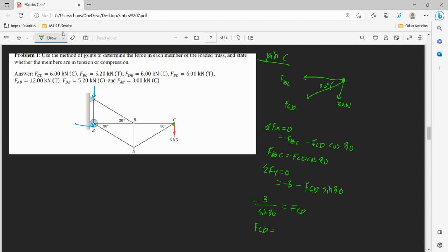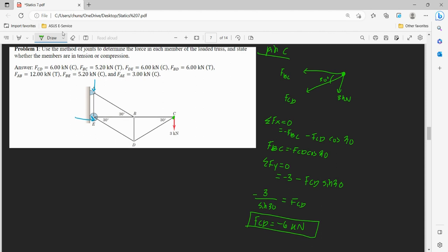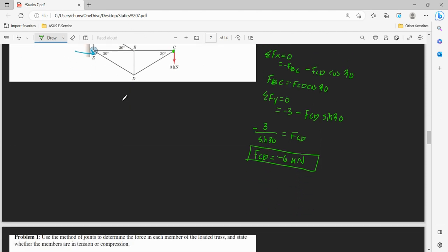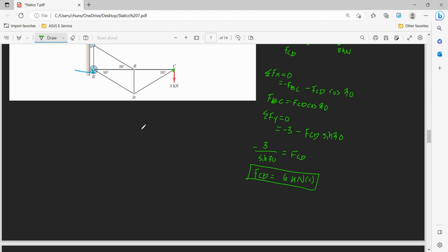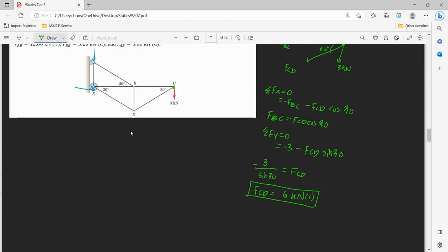It's negative, so it's negative 6 kilonewtons. Or we can just say that this is 6 kilonewtons in compression because it's the opposite direction. So that's compression.